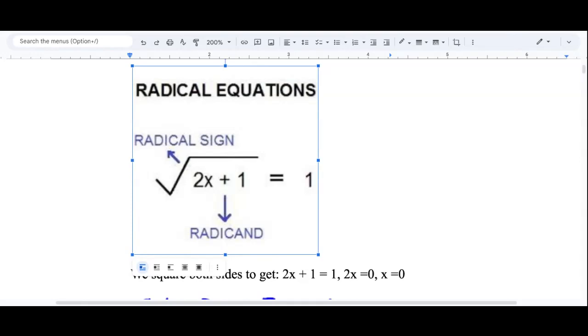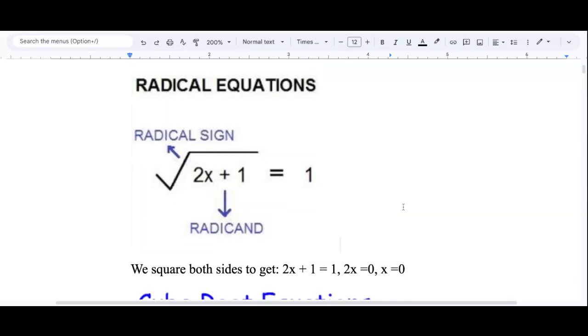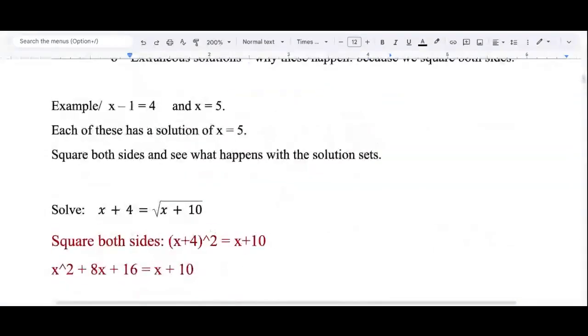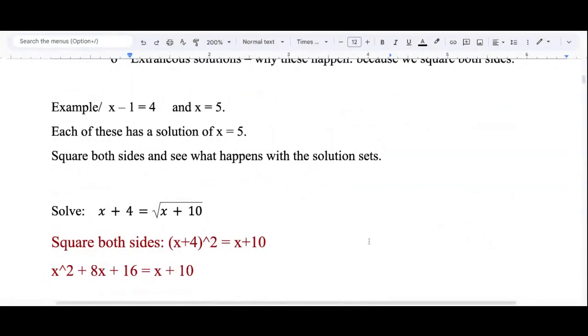So because of that, it will cause some untrue solution. The solution is fake. So that's why we need to go back to check. When we solve an equation with square root signs, we need to go back to check to see if it's indeed a solution. Sometimes it's an extraneous solution.